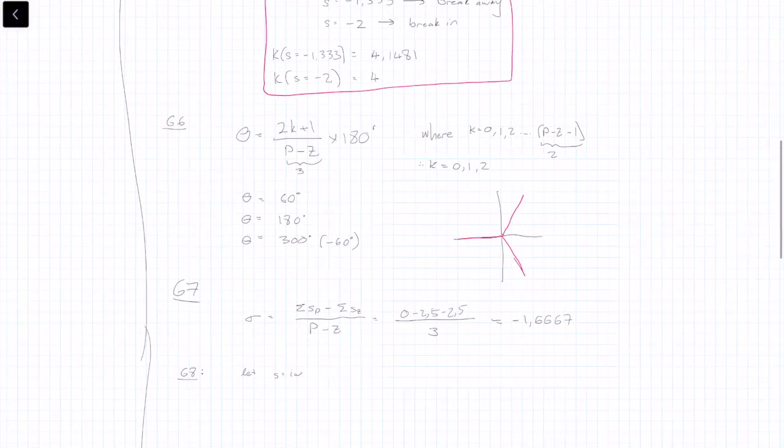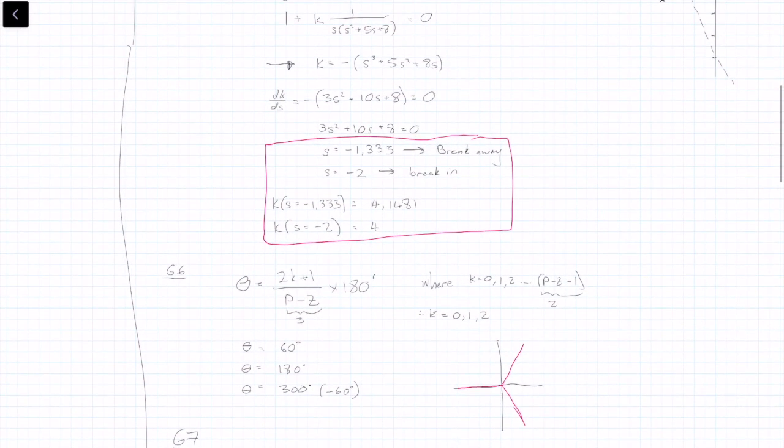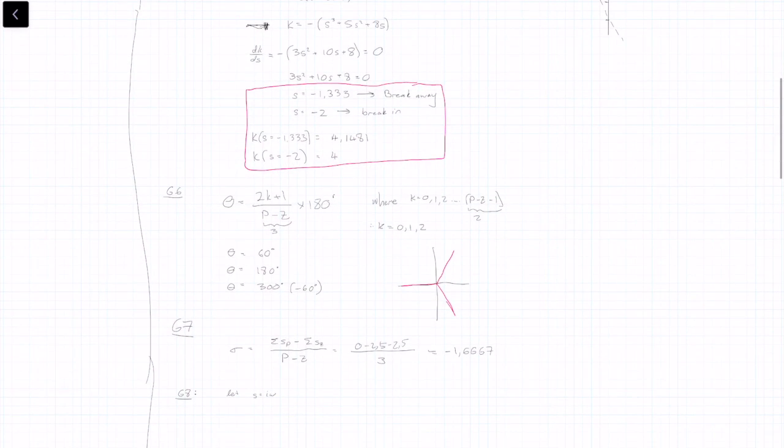to use. Let us use this equation right here, where we say K is equal to minus S cubed plus 5S squared plus 8S.